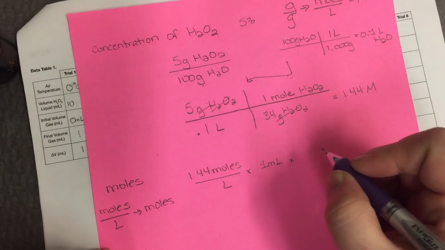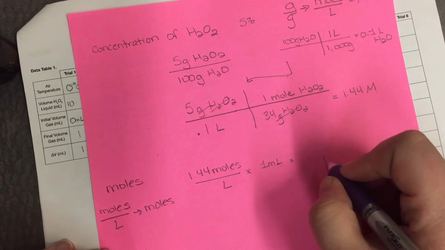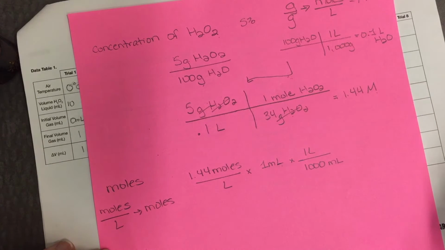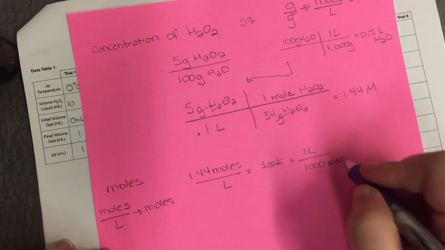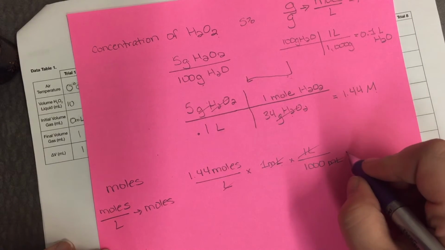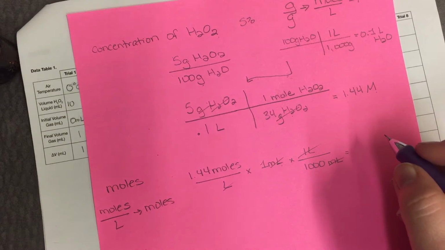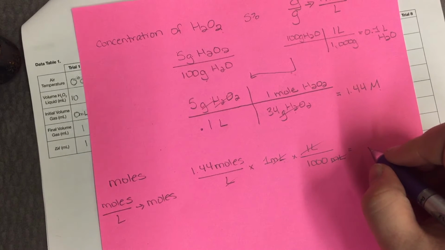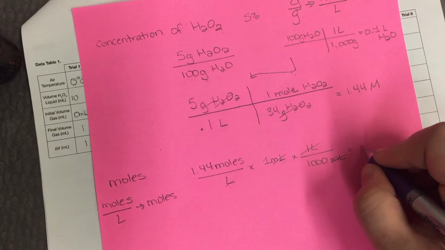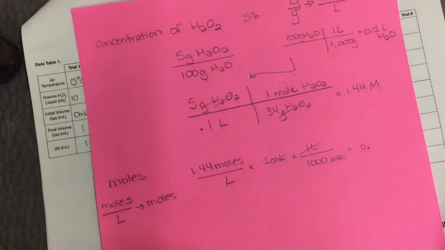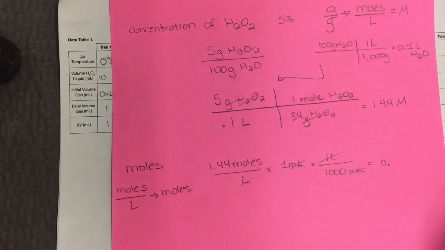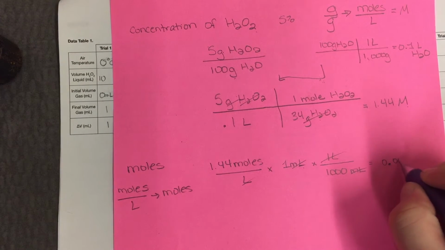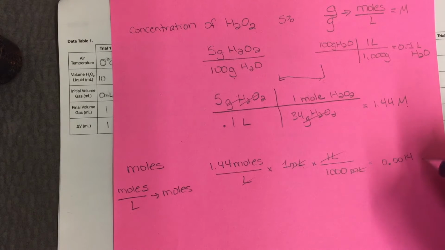So in 1 liter, there's 1,000 milliliters. And so my milliliters are going to cancel, my liters are going to cancel, and we're just going to multiply across. And for my first trial, it's going to be 0.0014 moles.